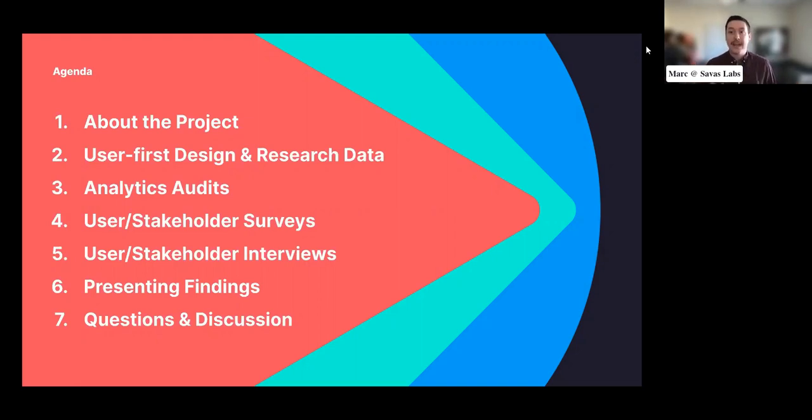We're then going to go into a handful of user research methods, starting with analytics audits, going into user and stakeholder surveys, as well as user and stakeholder interviews. And we're going to wrap up today with talking about how to build and present your findings in a way that showcases what you learned, as well as gets buy-in on what you maybe want to do with that information.